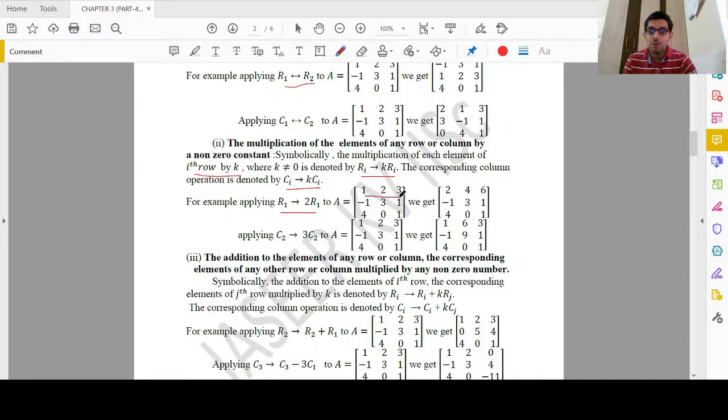If 1, 2, 3 are the elements of R1 here, each of these elements gets multiplied by 2, so it becomes 2, 4, 6. Similarly, if we apply C2 changes to 3C2, all the elements of the second column get multiplied by 3. So any row or column of a matrix can be multiplied by any constant. The only condition is that the constant should not be 0.